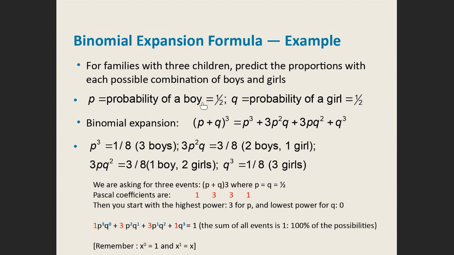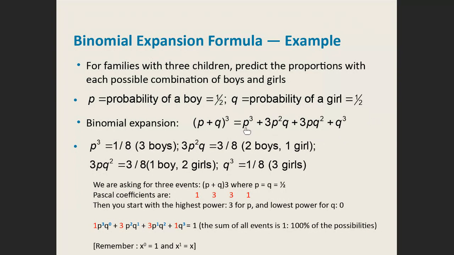If P is the probability of a boy, P cubed is the probability of having 3 boys. 3p squared q is the probability of having 2 boys and 1 girl. 3pq squared is the probability of having 1 boy and 2 girls, and q cubed is the probability of having 3 girls.